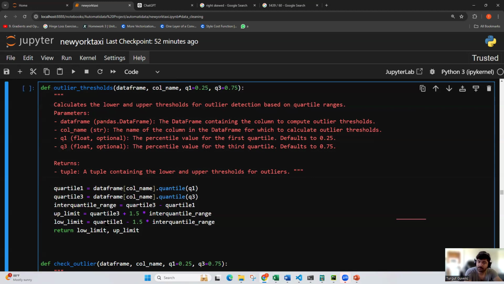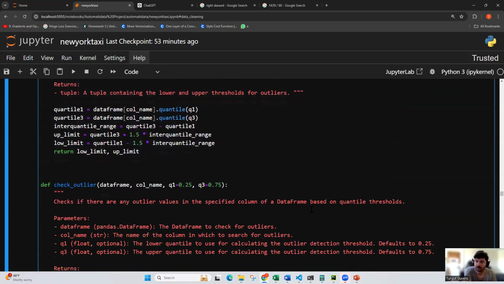For the lower limit it's the same thing, but this time we multiply the interquantile range by 1.5 and subtract it from the first quantile, and the function returns an up and low limit. So what can we do with them? If a value is less than the lower limit or higher than the upper limit, we can say that those values are outliers.